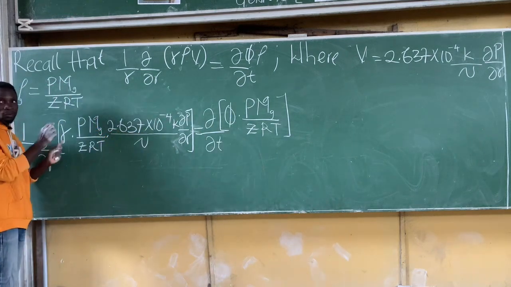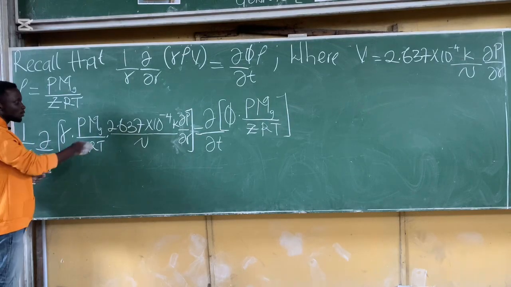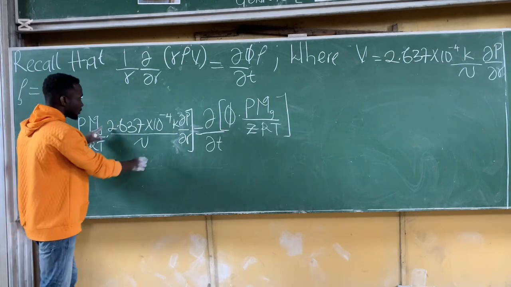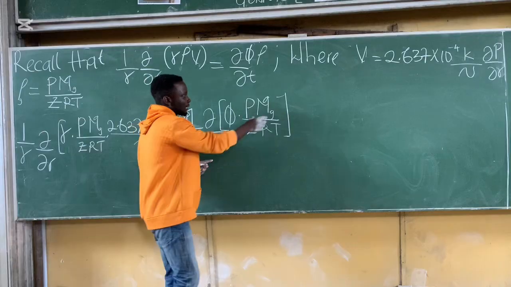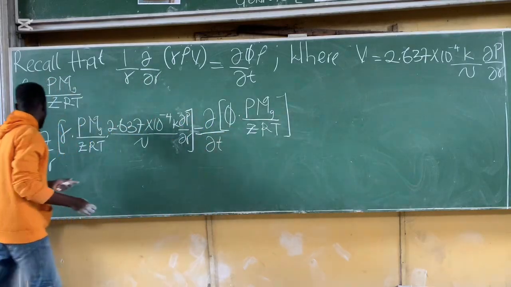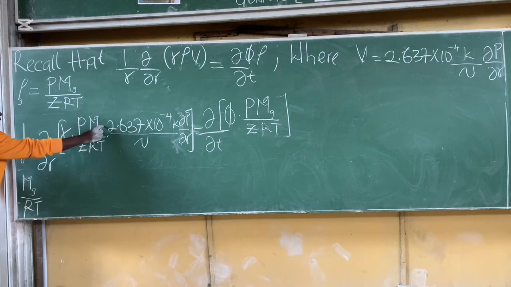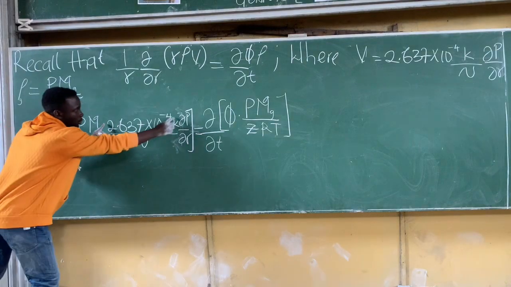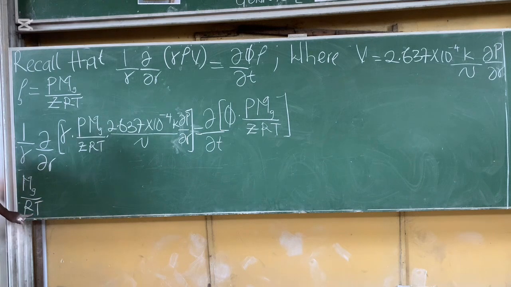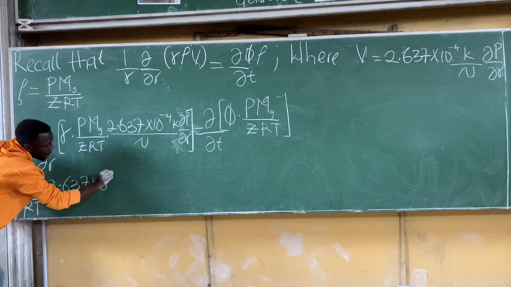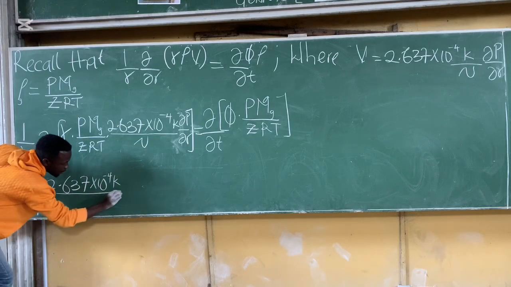But now, also for gas and for this compressible fluid, we are going to factor out Mg over R T. If we factor that out, we have Mg divided by R T, multiplied by 2.637 times 10 raised to the power minus 4 k all over mu.